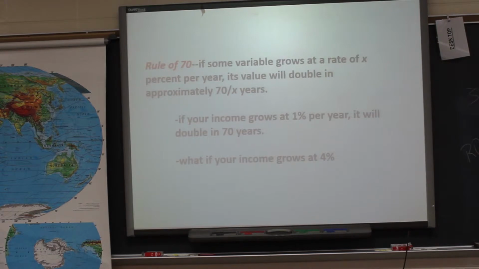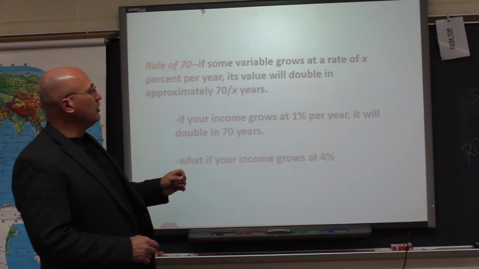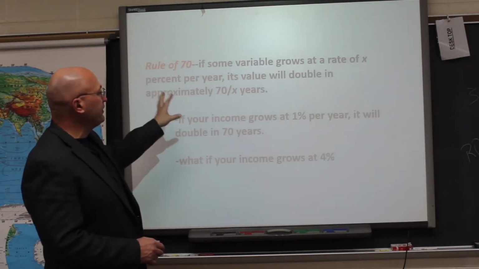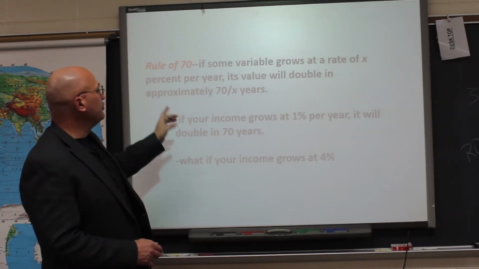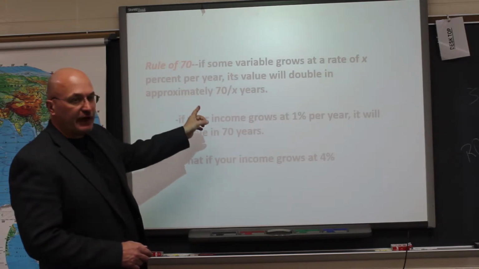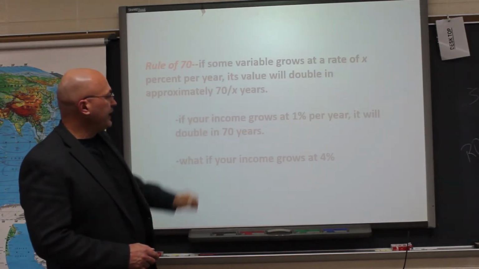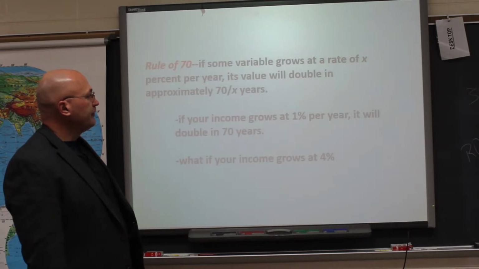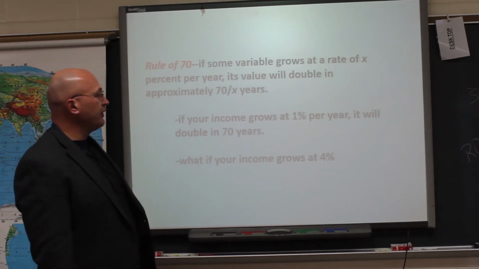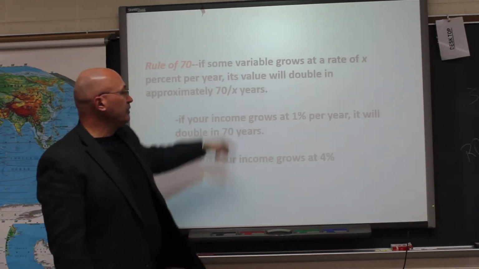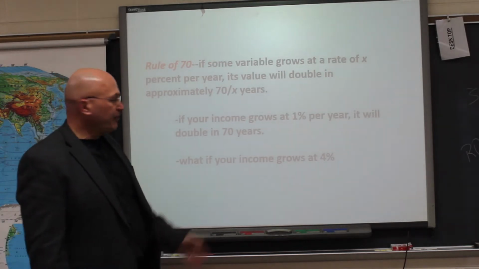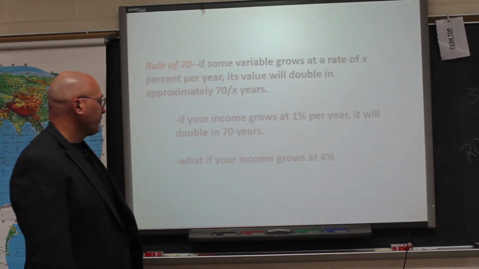Now, here's another tool, the rule of 70. If a variable grows at a rate of X% per year, its value will double in approximately 70 over X years. So, if my income grows at 1% per year, 70 over 1, how long does it take to double? 70 years. Okay?